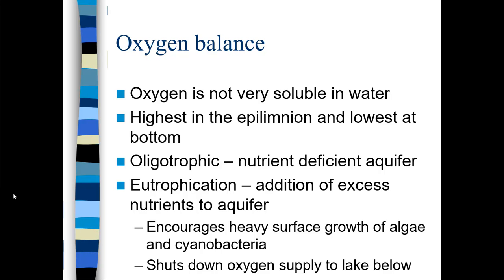So even though there's a lot of nutrition there, the oxygen is being consumed up in the epilimnion by algae and cyanobacteria. That depletes the oxygen, and it does not allow the oxygen to diffuse to the lower layers of the aquifer, and it shuts down the oxygen supply.